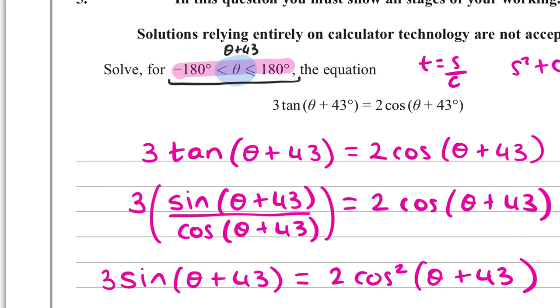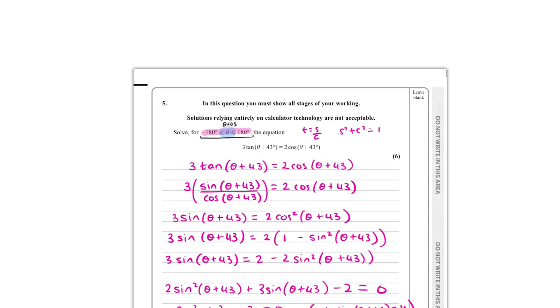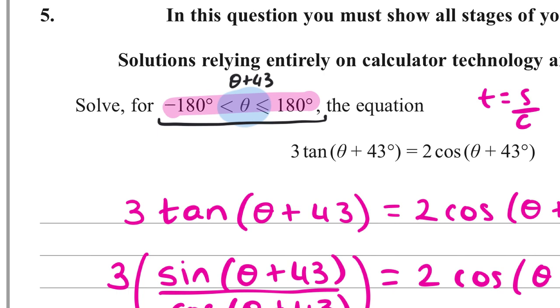I have added 43, so this is going to be 223, and minus 182 plus 43 is minus 137 degrees. So now these are my bounds, okay?